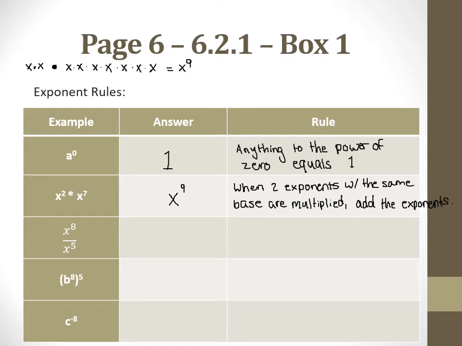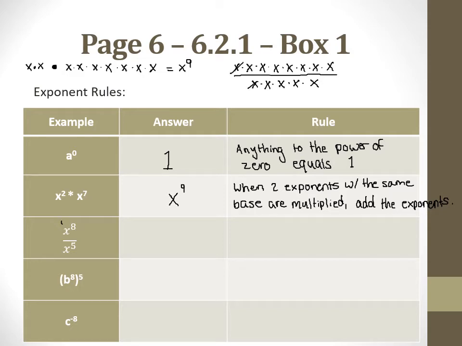And division works similarly, just in reverse. If I have x to the 8th divided by x to the 5th, so x to the 8th would be x times itself 8 times. And that's divided by x to the 5th, which is x times itself 5 times. Then if I simplify that out, a lot of these x's can cancel.